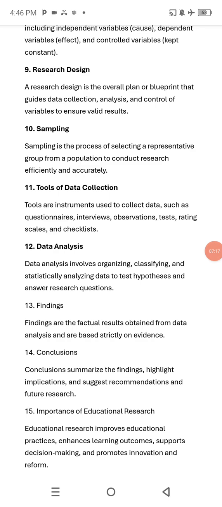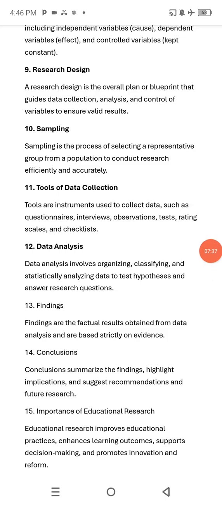So in data analysis, you organize the data, you classify the data, and you also statistically analyze the data to test the hypothesis.